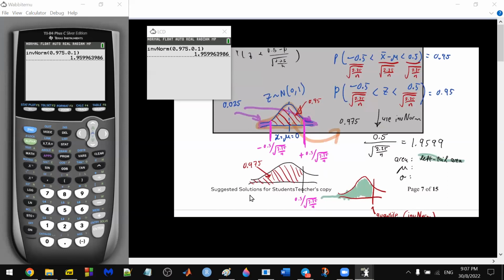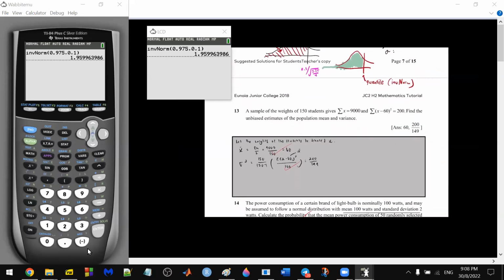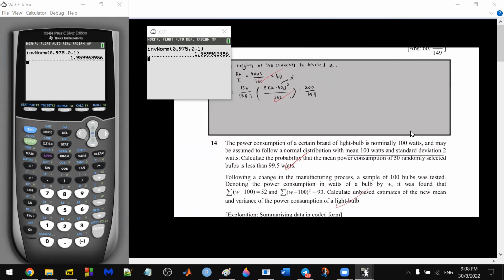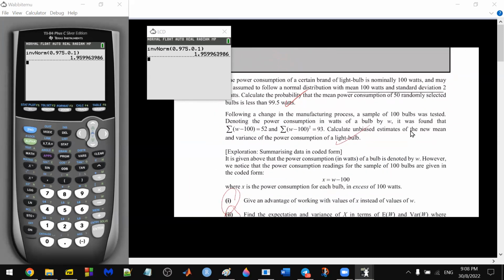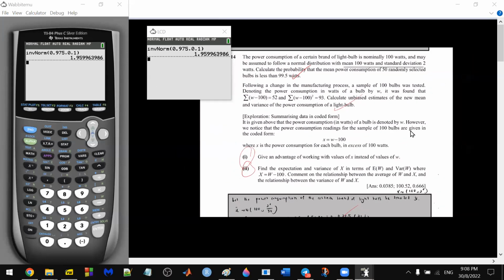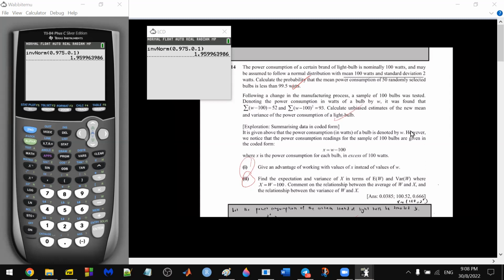Let's move on. Let me just set up the screen first. Which question next? I need to resume sharing. This one is correct, nothing to say. This one is wrong. This one is an exploration already, in coded form.